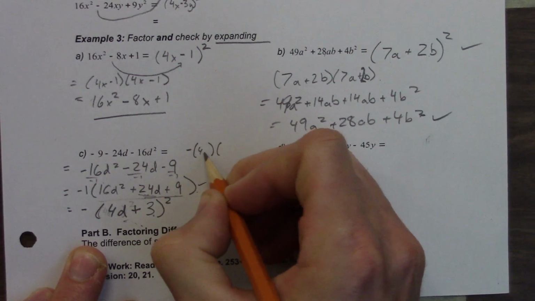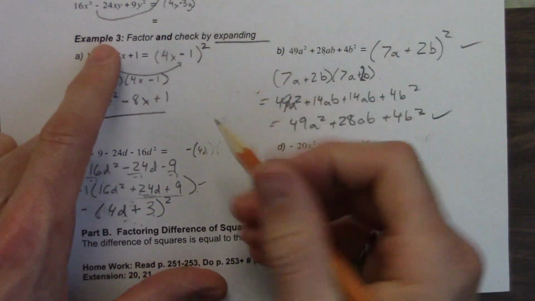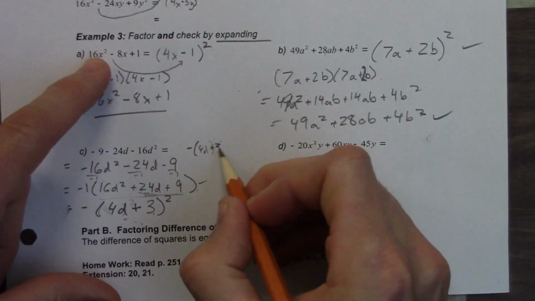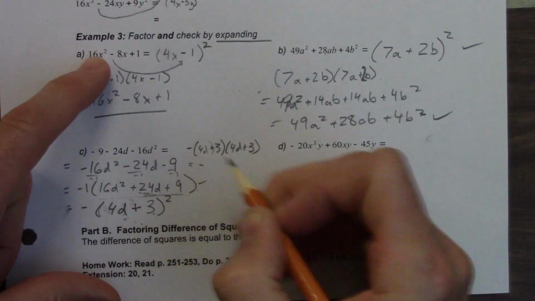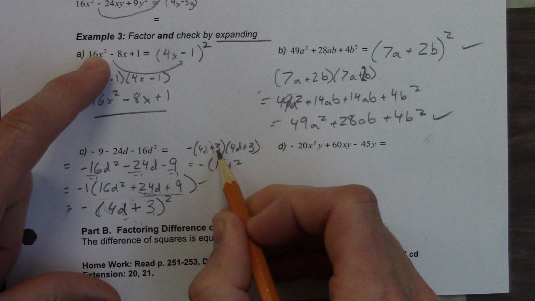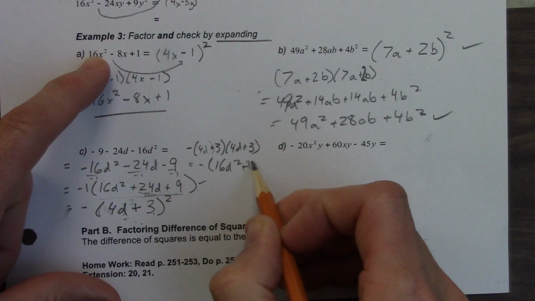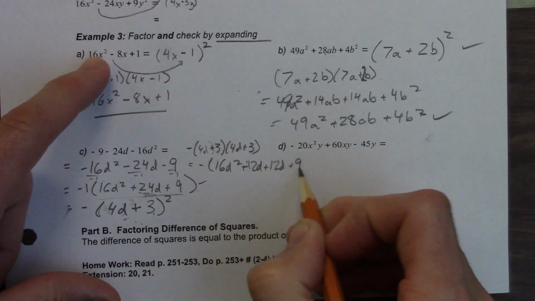I'm going to FOIL this. 4d plus 3, 4d plus 3. If negative, leave it on the outside. I do 4 times 4, 16d squared. And then I get plus 12d plus 12d plus 9.